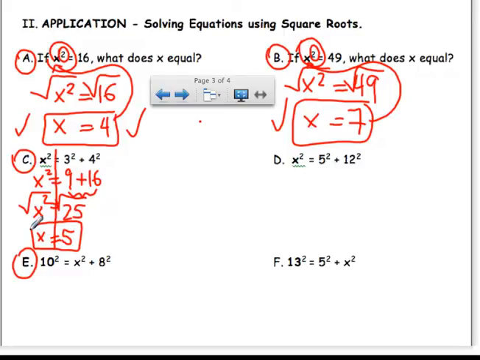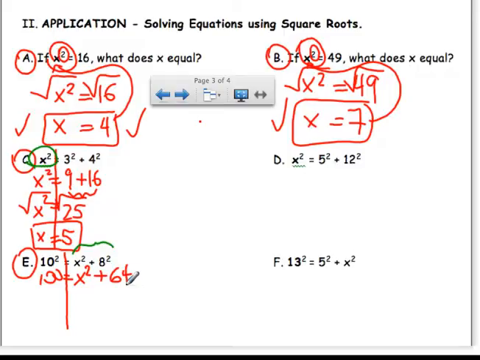Slightly different problem is E, because you can see that unlike C, where x is by itself, here I see x on the same side as another term that I'm going to have to cancel. So the steps are similar. I'm still going to simplify what I know. 10 squared is 100 equals x squared plus 8 squared, that is 64. But before I find the square root, I need to get the x squared by itself.